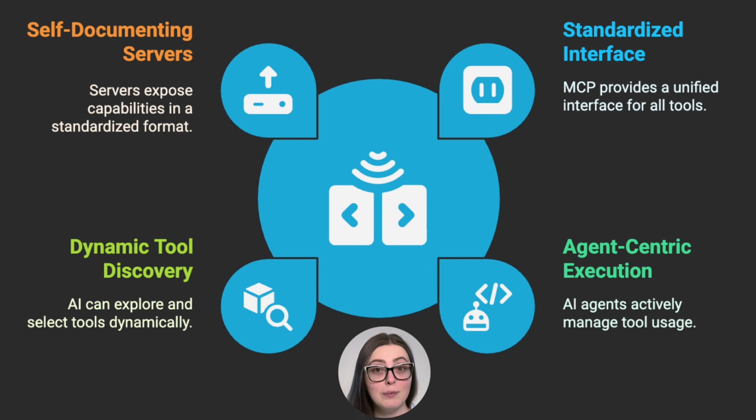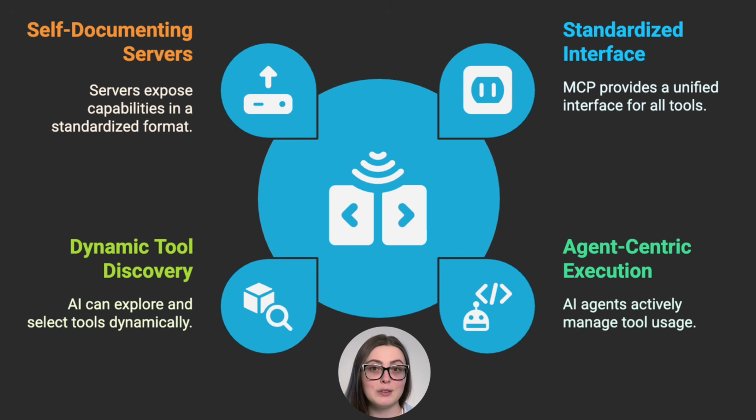Unlike traditional APIs, which are typically passive services that are waiting for requests, MCP has an agent-centric execution model. This means AI agents can actively decide which tools to use, in what order, and how to chain them together to accomplish tasks. MCP also enables dynamic tool discovery and selection.